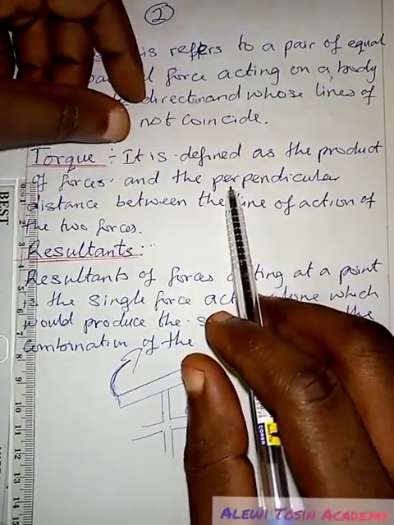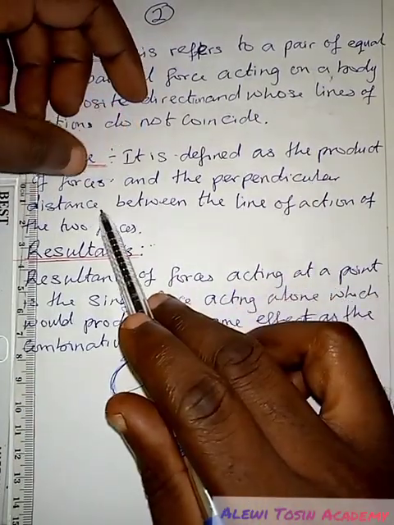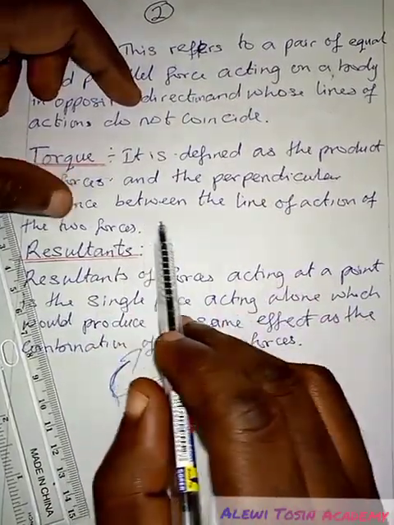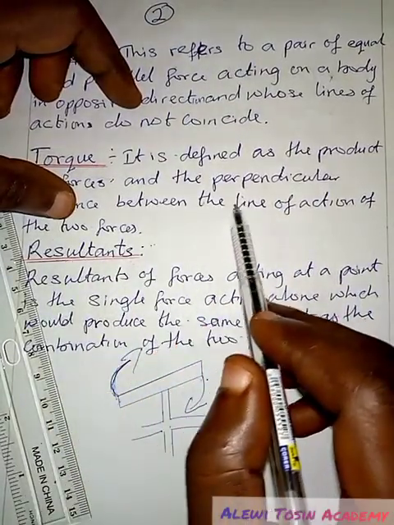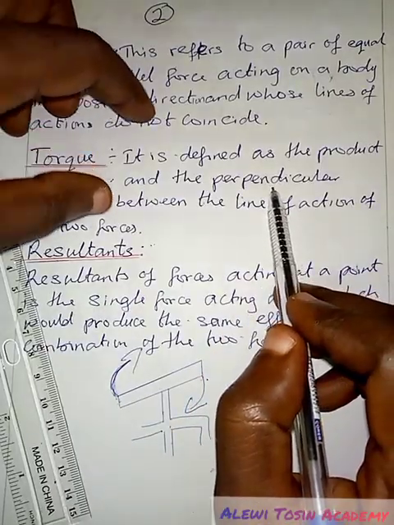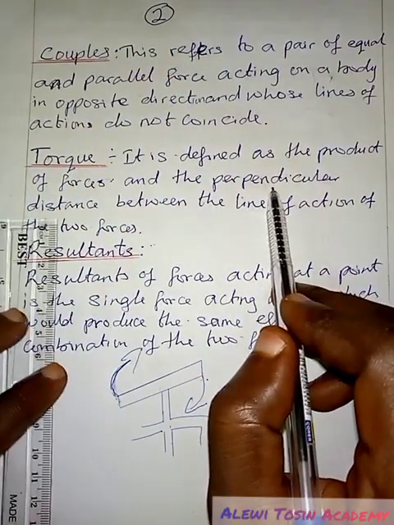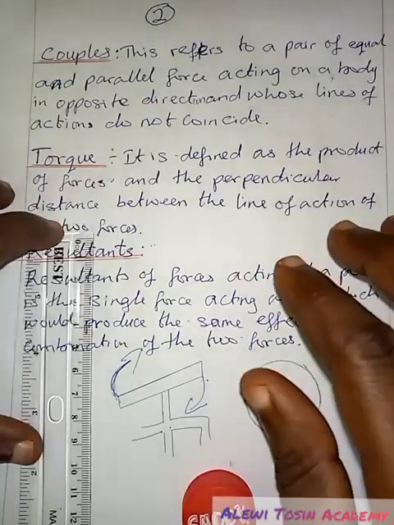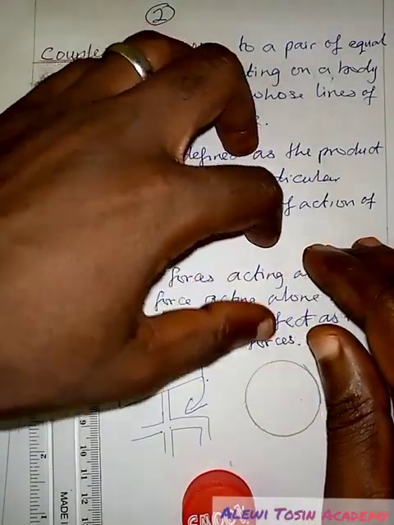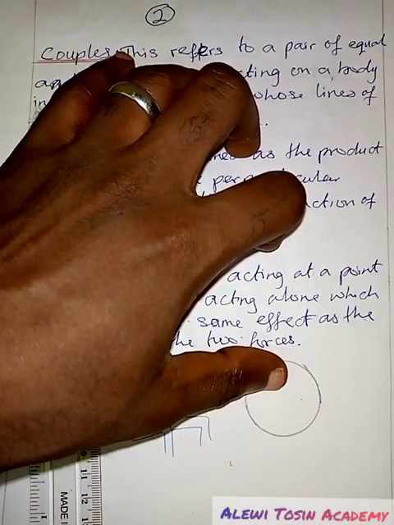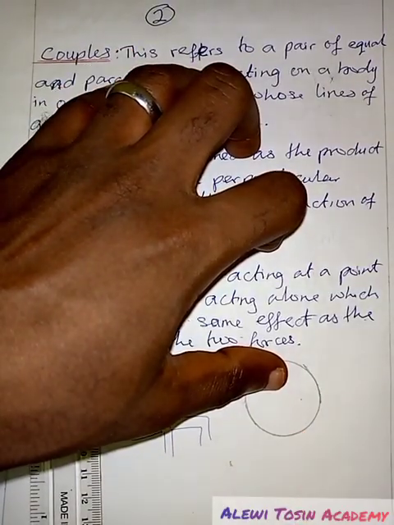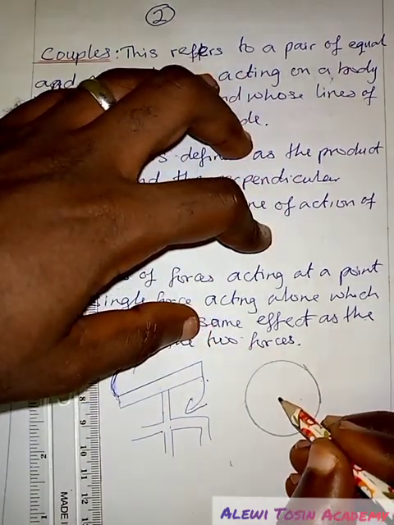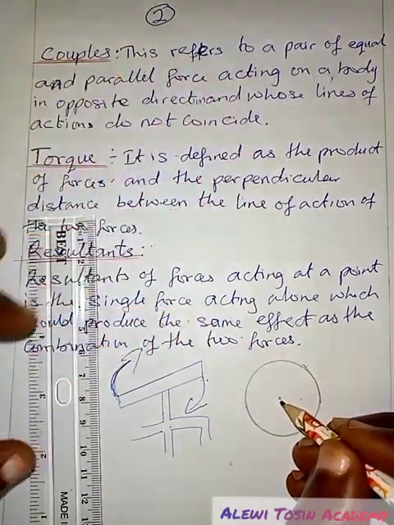Now what is a torque? We said it can be defined as the product of forces and their perpendicular distance between the lines of action of the two forces. It is the product of forces and perpendicular distance. Now let's look at something like this. This is a circle. Let's say this is the center of the circle.